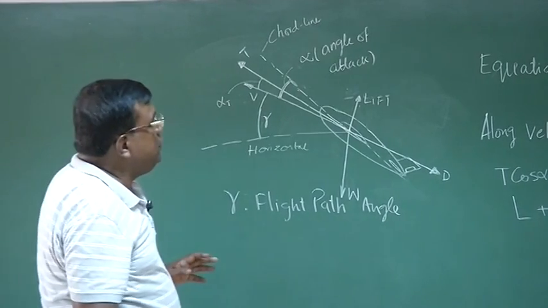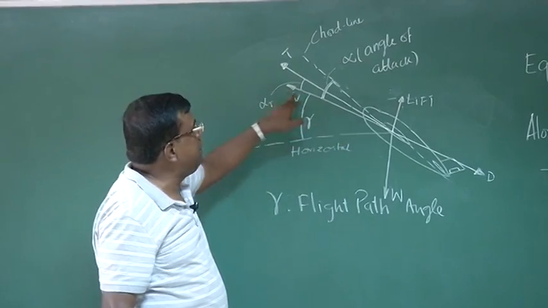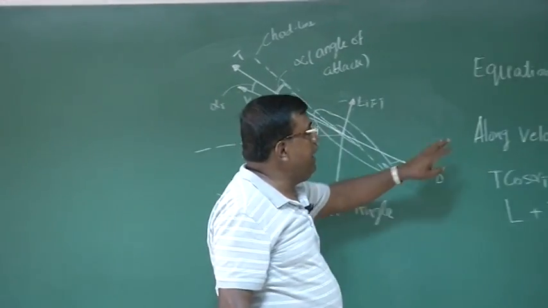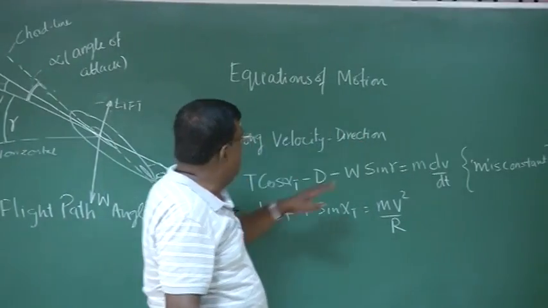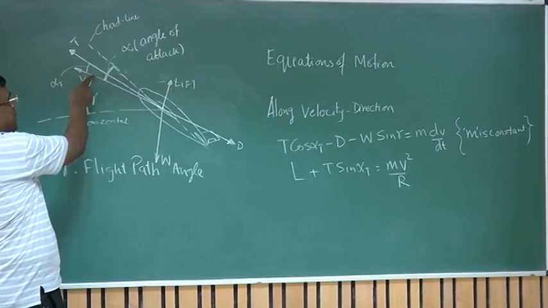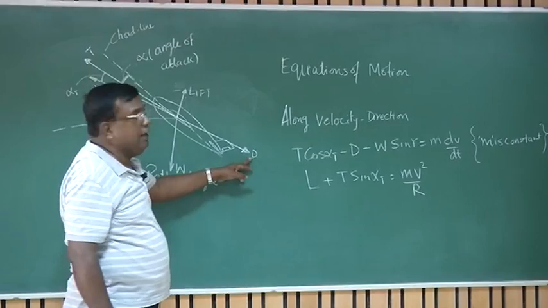Now I will write the equation of motion along the velocity direction, along the v direction, and one perpendicular to the v direction. So what happens if I write along the velocity direction? I could see the thrust cos alpha t is a component here, which will try to accelerate this machine, whereas the drag will try to decelerate.